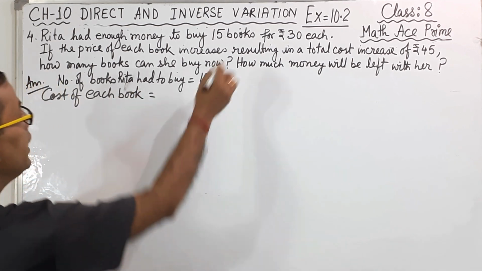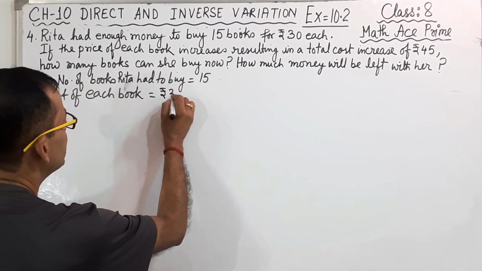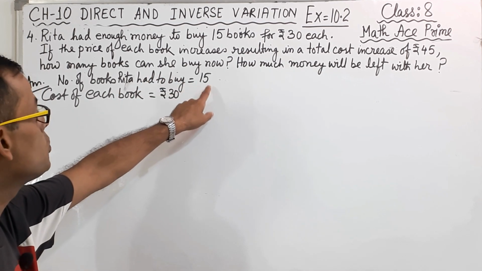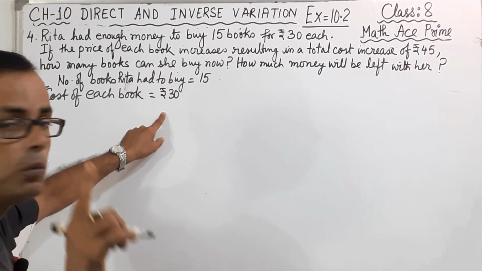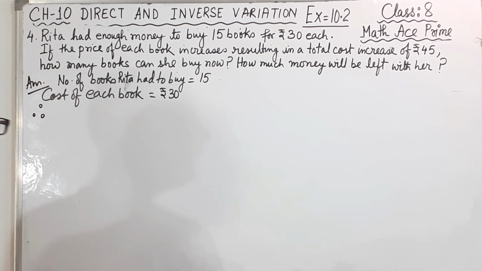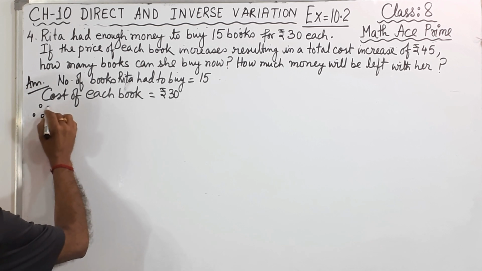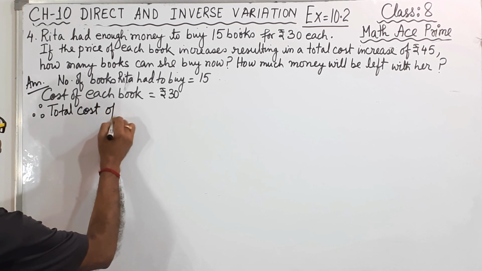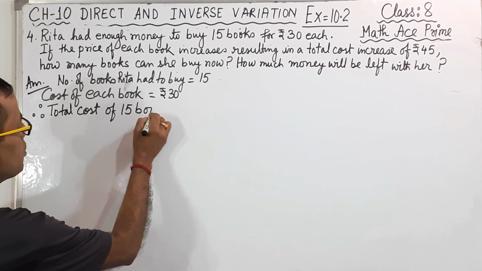One book. So one book is how much? 30 rupees. So number of books Rita has to buy is 15 and cost of one book is 30 rupees. So from here we can easily get the total cost. Therefore total cost of how many books? 15 books.